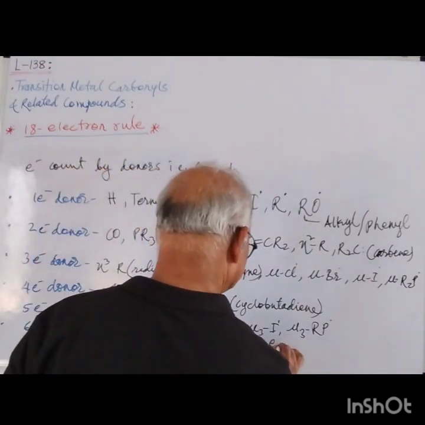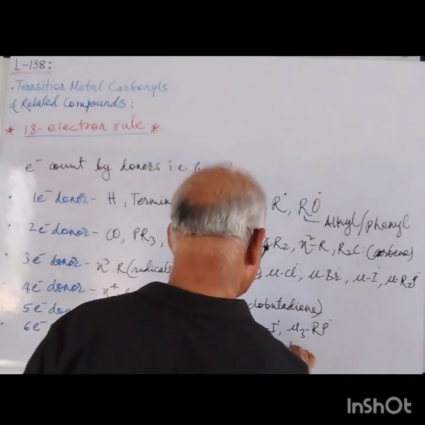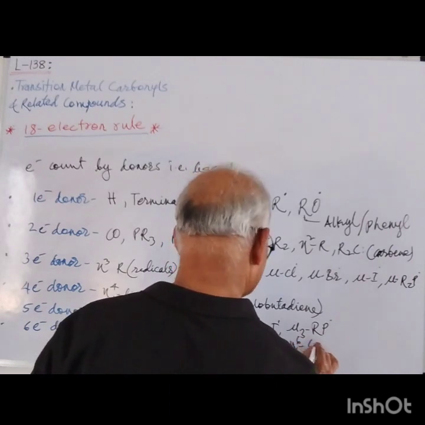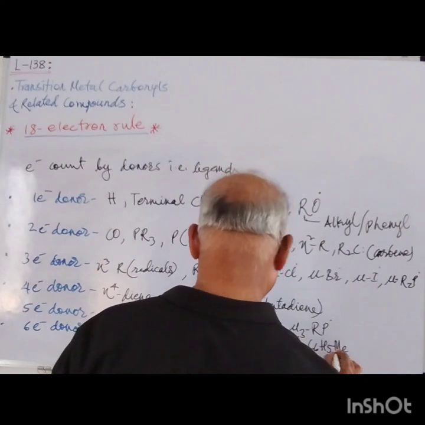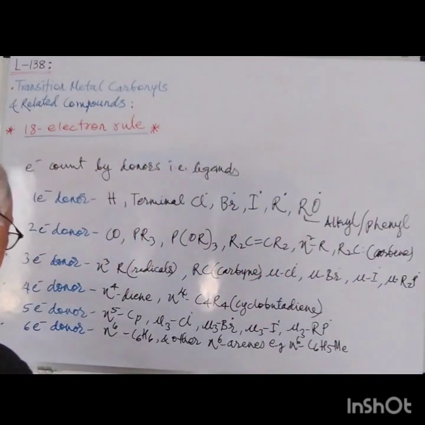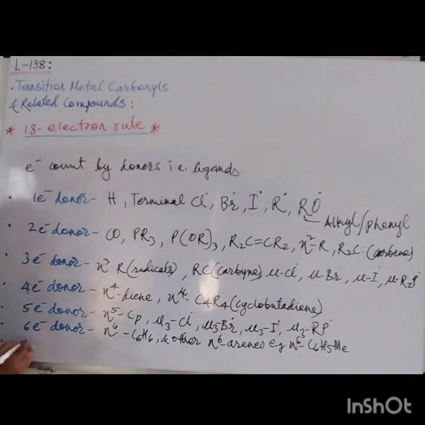For example, eta6 C6H5Me. Then the last donor is 1 or 3 electron donors.